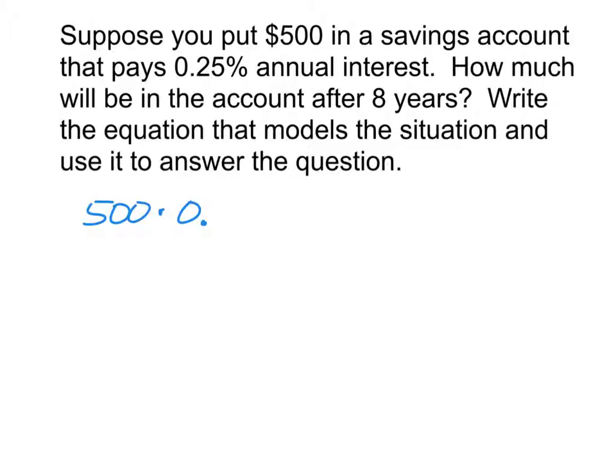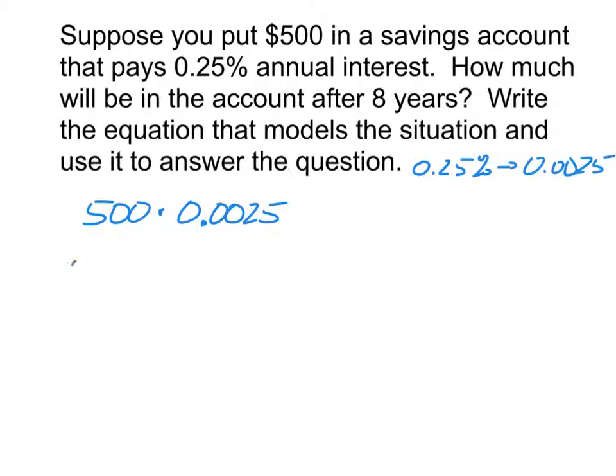Well, to figure out what 0.25% of something is, I first turn that 0.25% into a decimal, which is 0.0025. And so I multiply that by 0.0025, and that tells me how much interest I earned after 1 year.